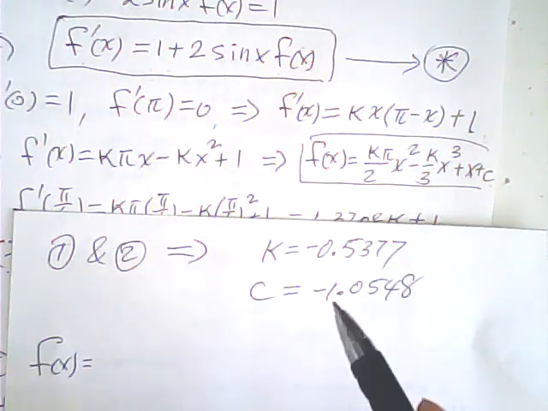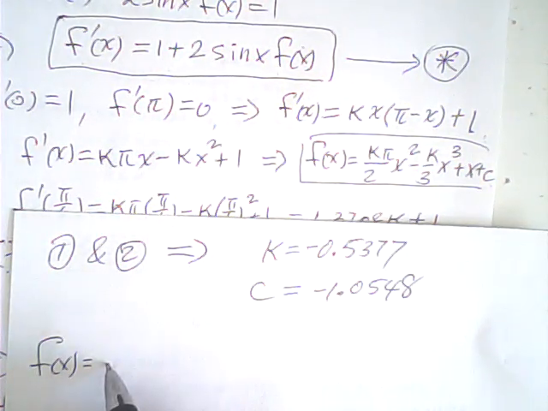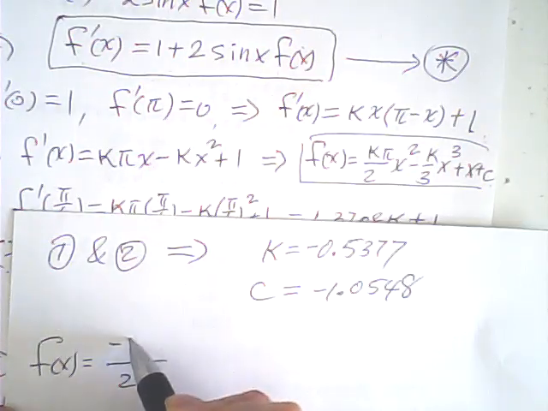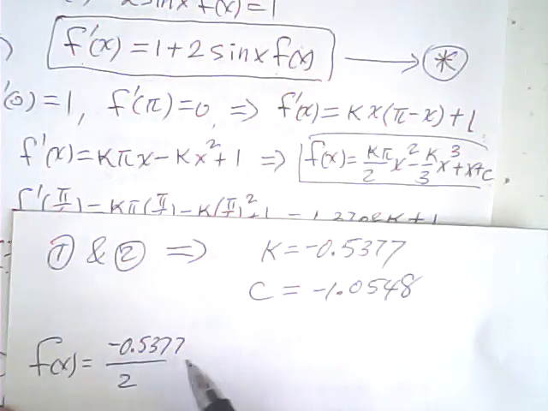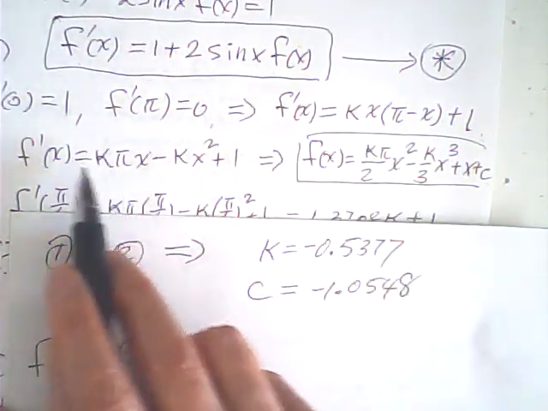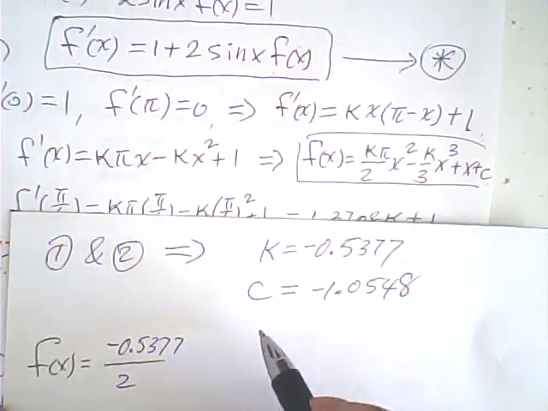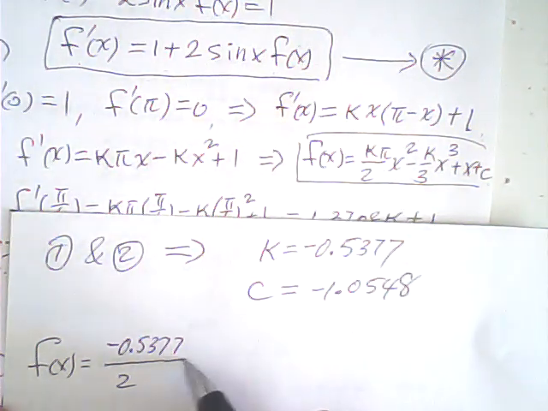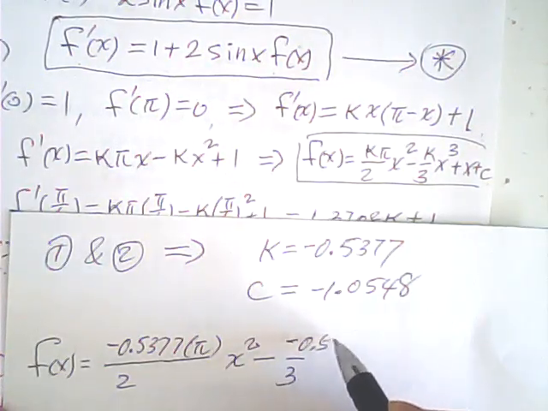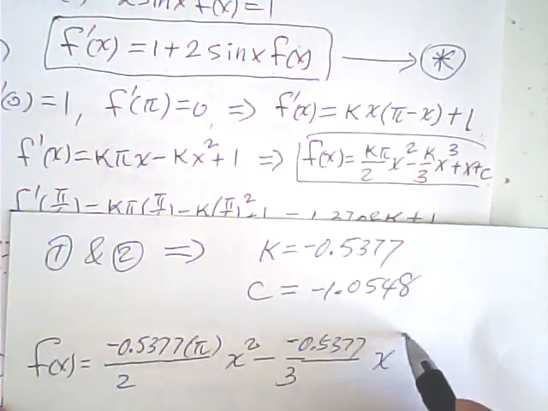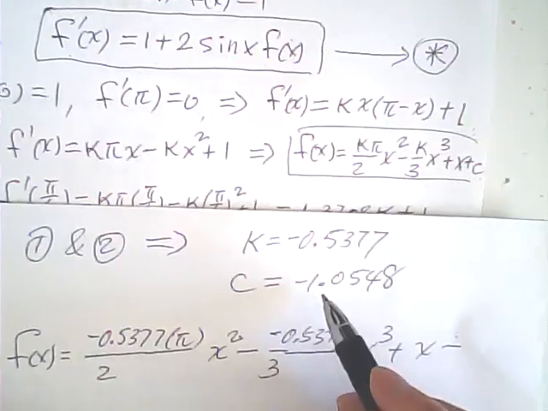This is equal to 2 times negative 0.5377, I use this one, x squared times pi, times pi x squared, minus 3 times negative 0.5377 x cubed plus x plus c.